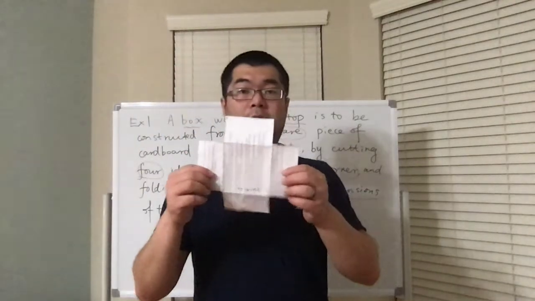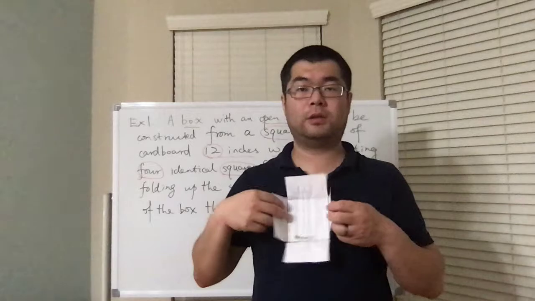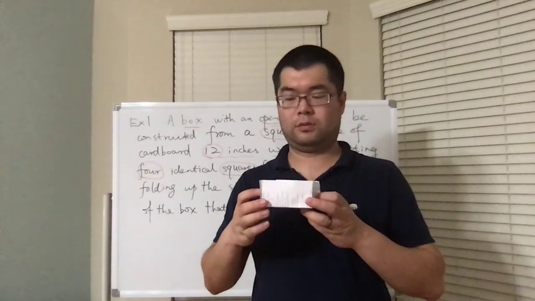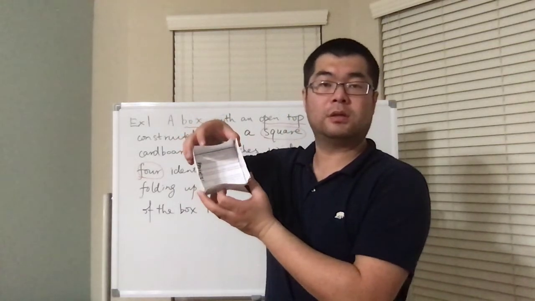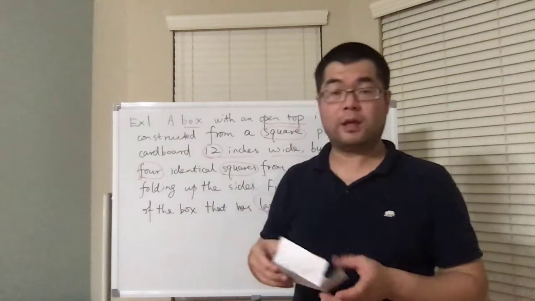So you see, guys, I already cut the 4 corner squares, and then when I fold it, do you agree that this is the open top box, right? So that's the problem.